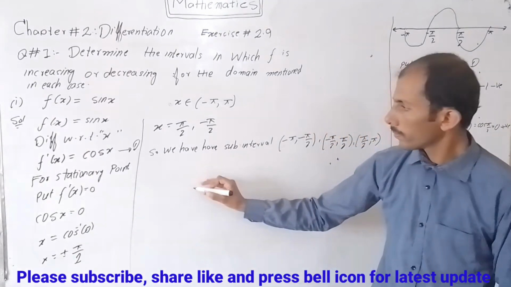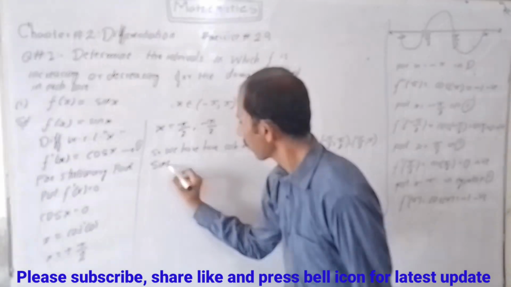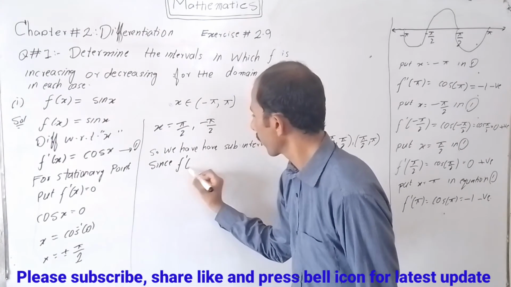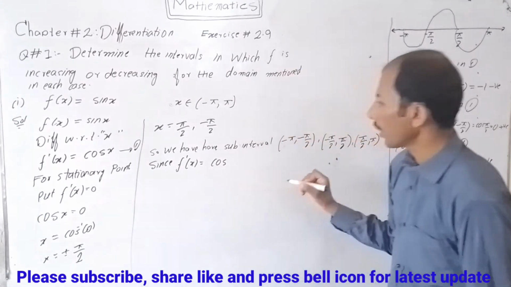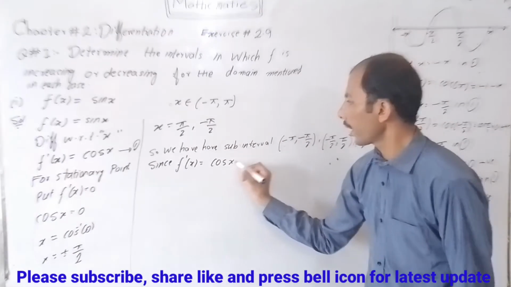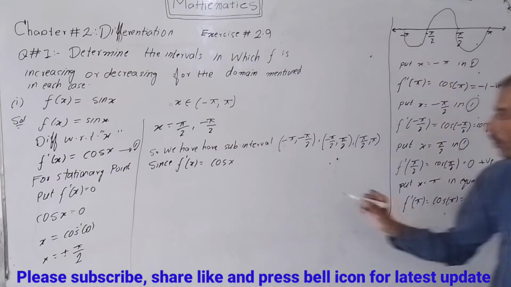Since f prime of x is equal to cos x, first negative.